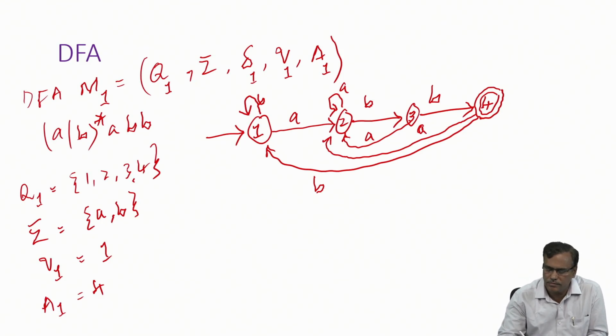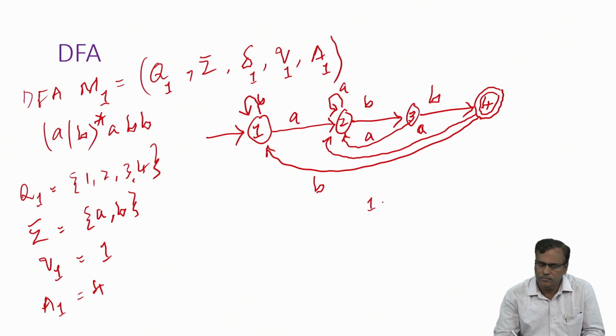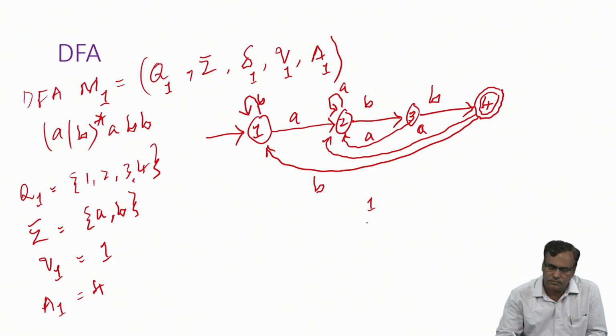And coming to this transition table, you know what states you have: 1, 2, 3, 4.